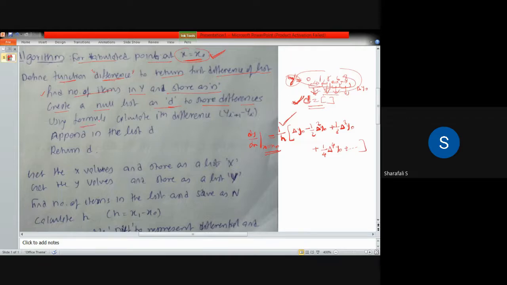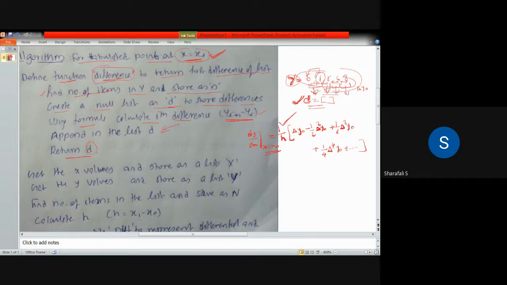Then using the formula, calculate the ith difference, yi plus 1 minus yi. That is, the second y value minus the first y value. That is what yi plus 1 minus yi means. Then append that value to this empty list d and return that list d from the function difference.